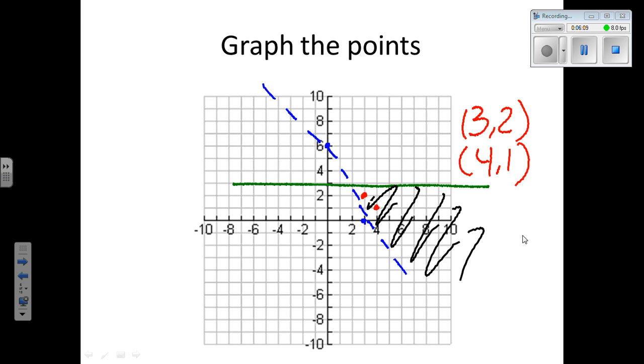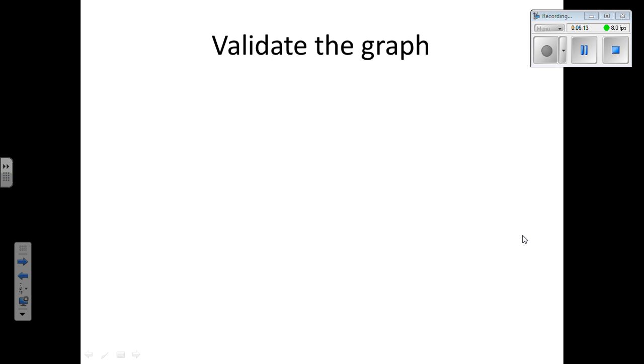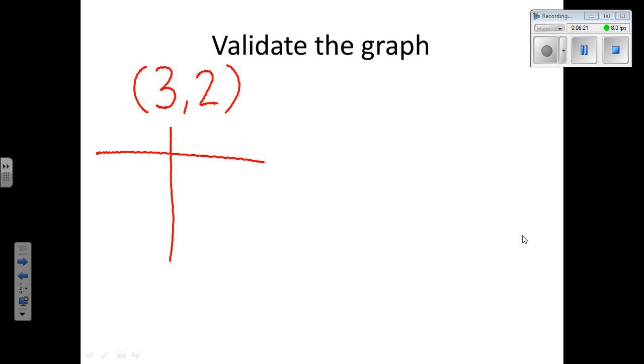So I picked 3 and 2 and 4 and 1 because they lie in my shaded area. Now I'm going to set up a t-chart that says left side, right side, and I'm going to start with my first equation.